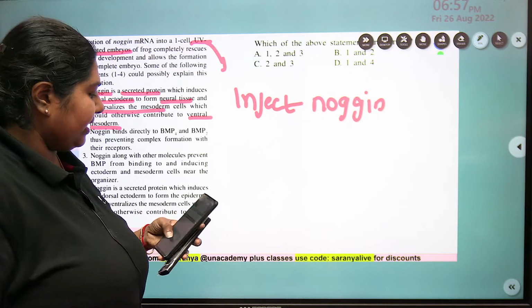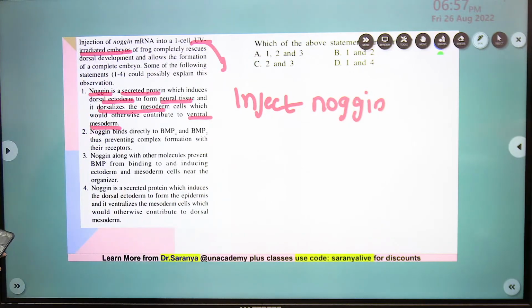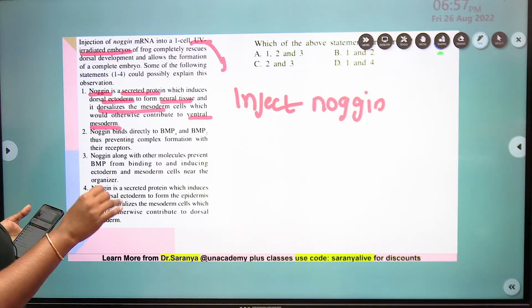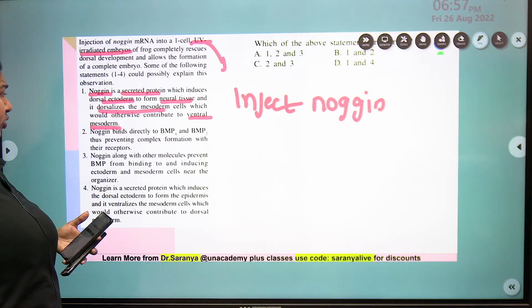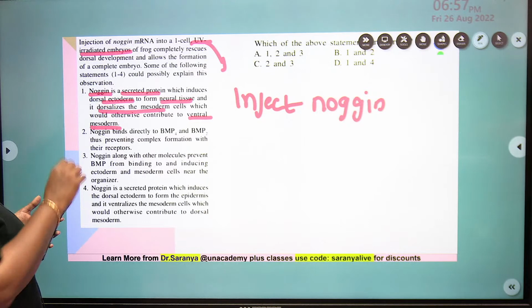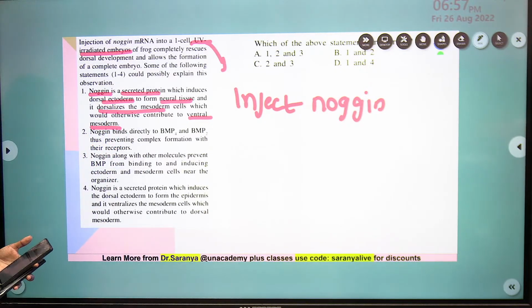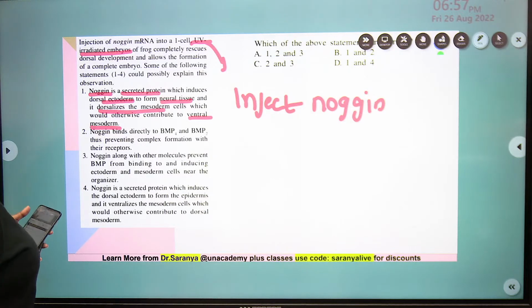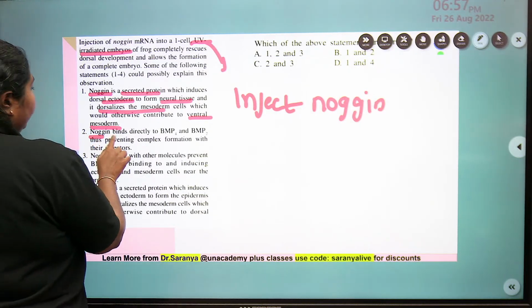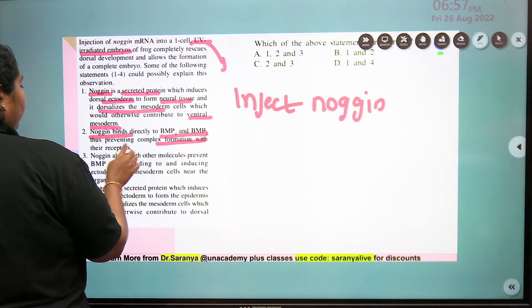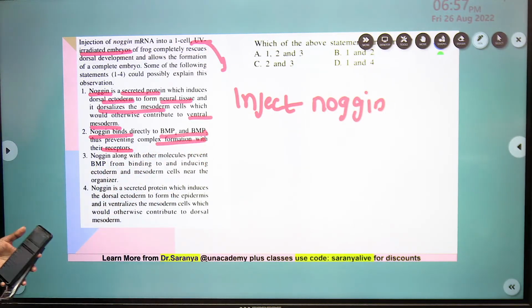Now moving to the options, everybody. Noggin is a secreted protein, correct? It induces your ectoderm to form the neural tissue. It will dorsalize your mesoderm, which would otherwise lead to the ventral mesoderm. Next option: noggin will bind with your BMP to prevent its complex formation with the receptor.